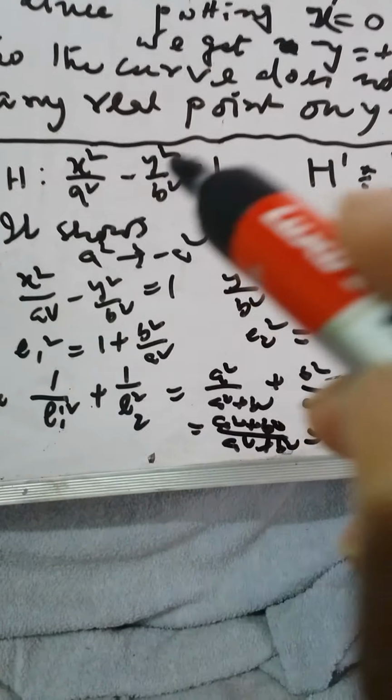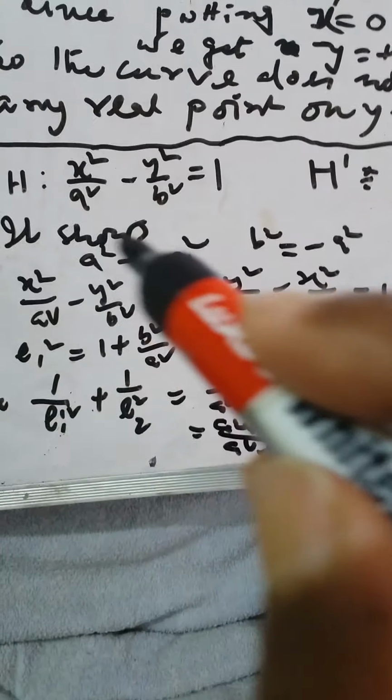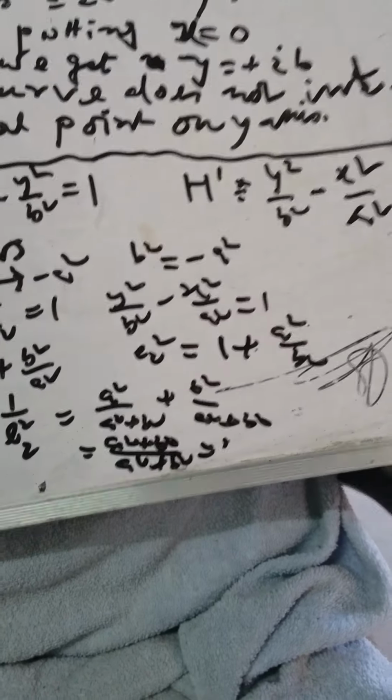This is the equation of the hyperbola, and this is the conjugate equation of the hyperbola.